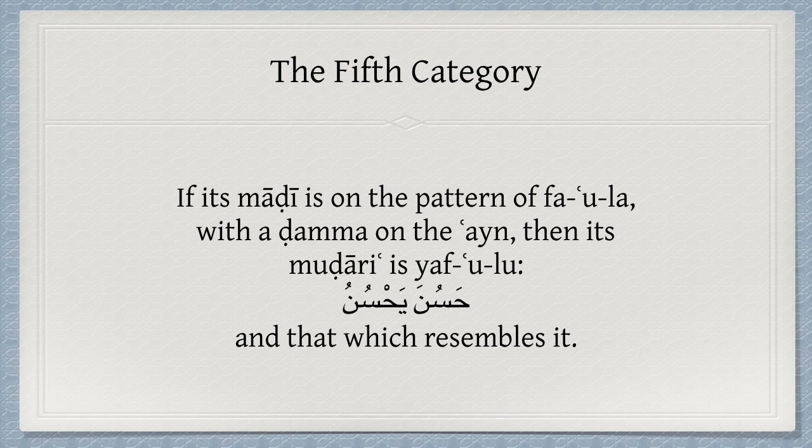So the past tense has a kasra and the present tense has a kasra for the sixth category, but there are a number of words which pertain to it which can have a fatha as well, right? And what we'll do is we'll stick to this. I think this is sufficient for this level.